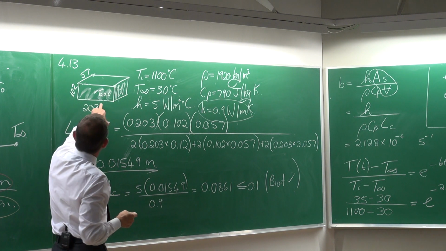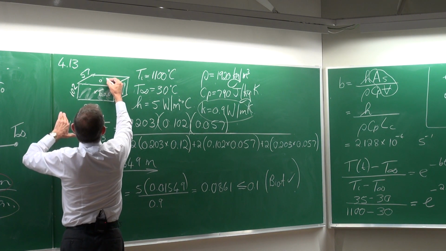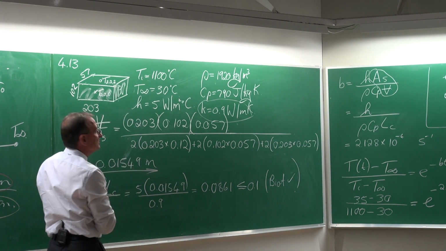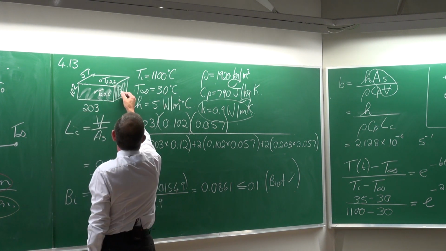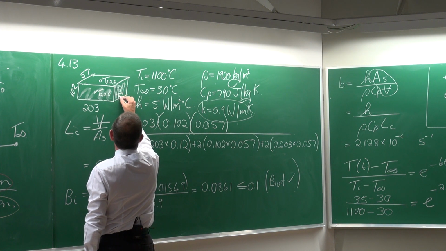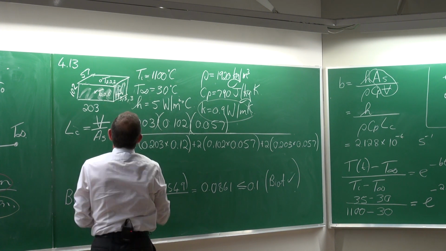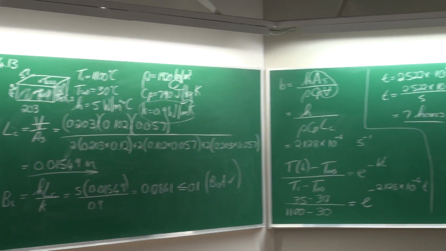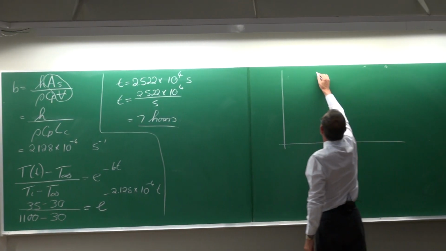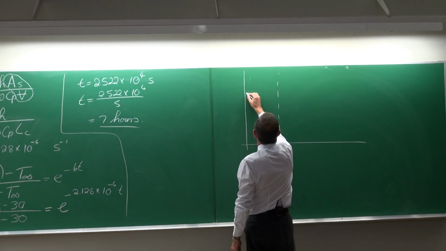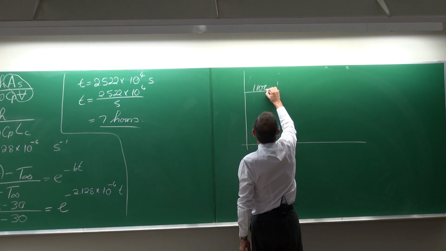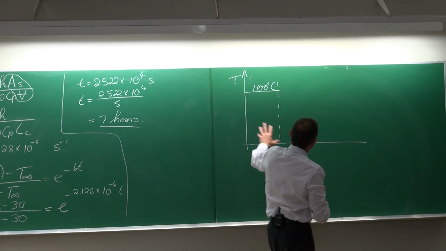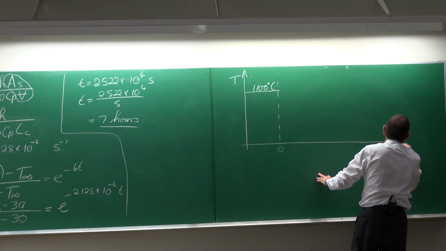So if we are looking at that temperature and this temperature on the surface, and of course maybe that temperature there, also on the surface, then this solution would give this type of trend, the temperature as a function of time.